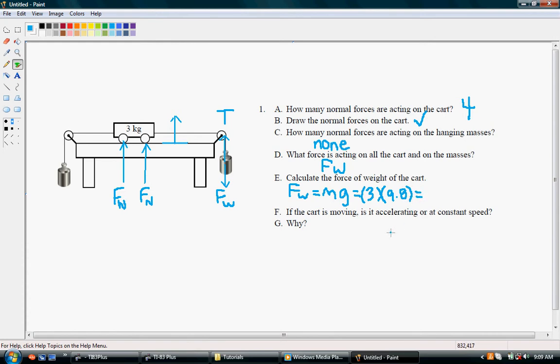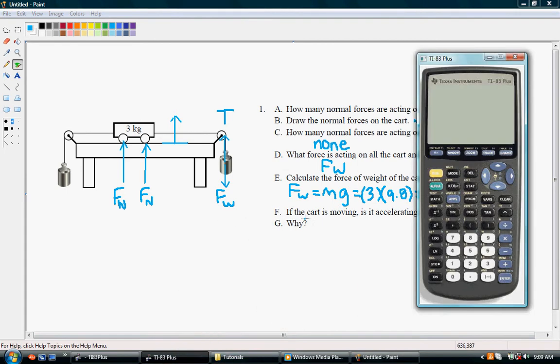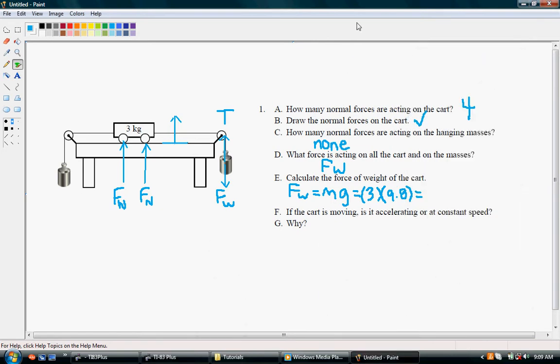When we multiply these out, we get, let's grab our calculator, turn it on, 3 times 9.8, and we get 29.4. So this is actually 29.4, the units for force are newtons, and it's actually pointing down because the force of weight is always down.